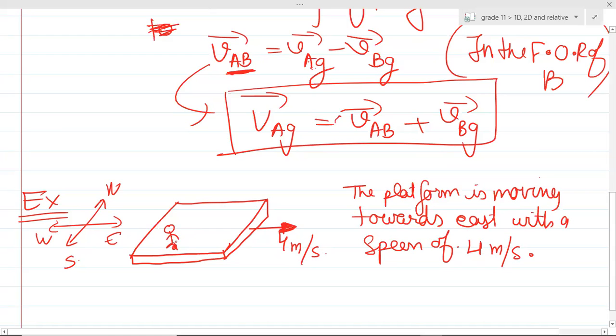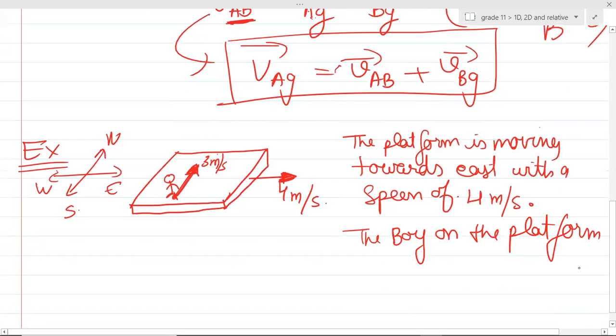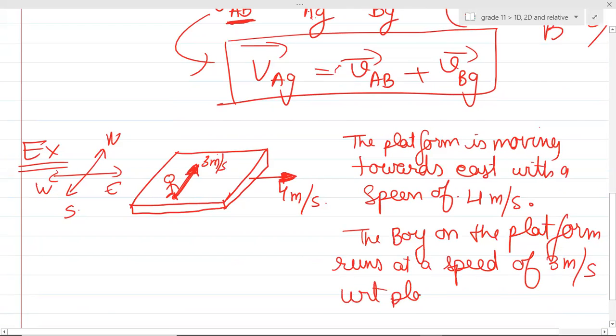Now this guy starts running towards the north at a speed of, let's say, 3 meter per second. Now the boy on the platform runs at a speed of 3 meter per second with respect to the platform.